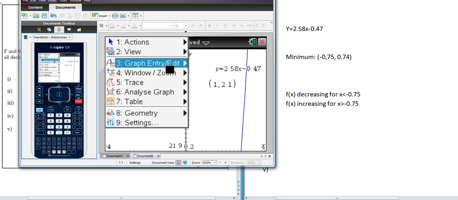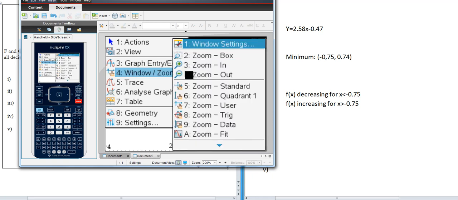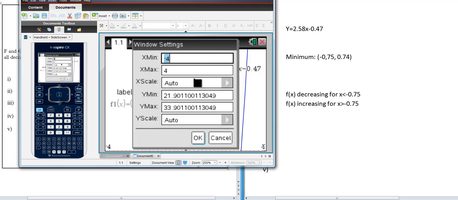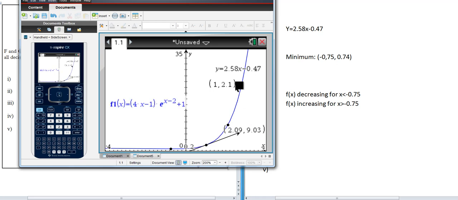So let's change the window settings: -4 to 4, and y from 0 to, let's say, 35. Okay, let's get this out of the way.